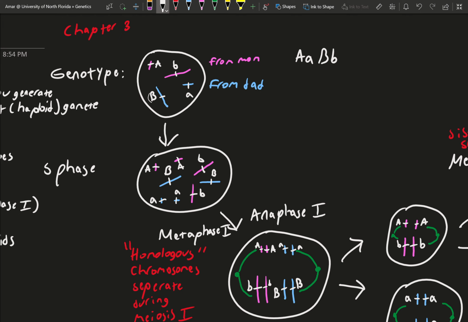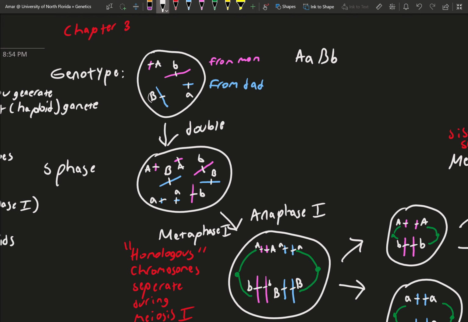And then during S phase, what's going to happen is you would have this genotype and you're going to double everything. You're going to copy all of them. A sister chromatid is basically the exact same copy of a chromosome from that specific parental origin.